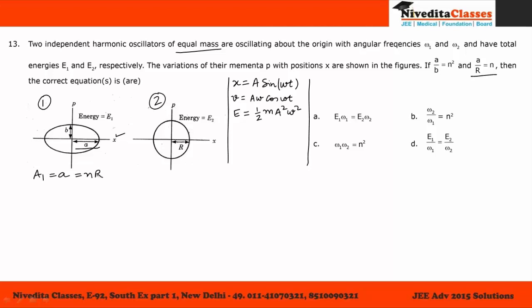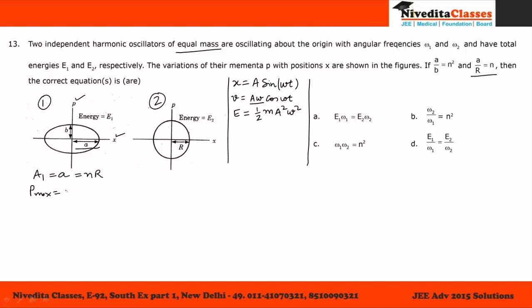Now v is given as A omega cos omega t, so the amplitude of v is A omega. The amplitude of the momentum will be mass into the maximum value of velocity, which is A omega.